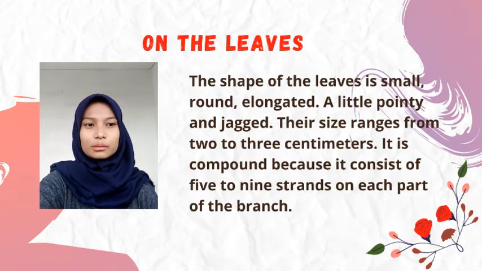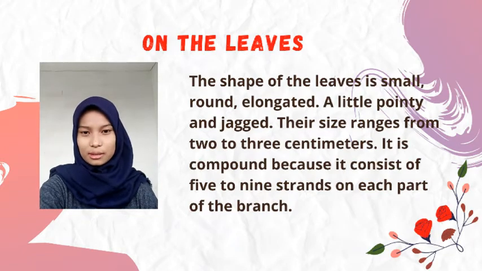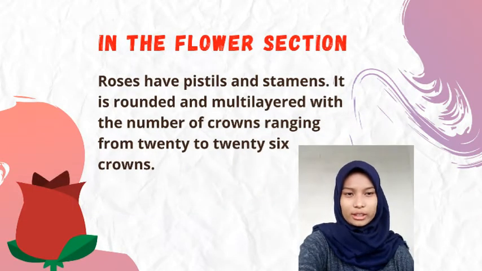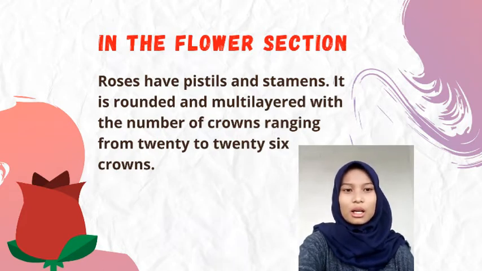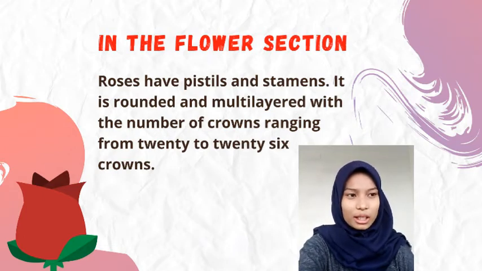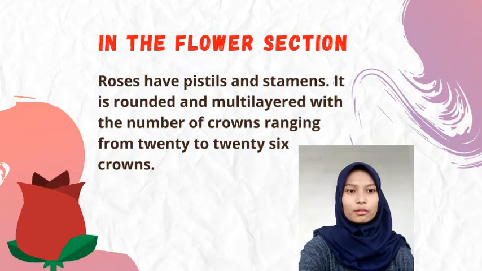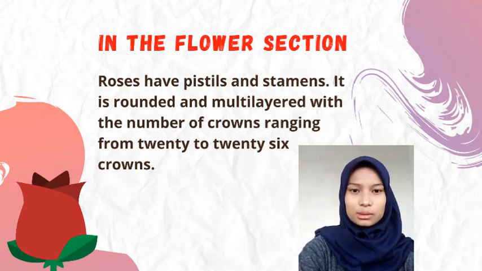It is compound because it consists of 5 to 9 strands on each part of the branch. In the flower section, roses have a pistil and stamen. It is rounded and multi-layered with the number of crowns ranging from 20 to 26 crowns.